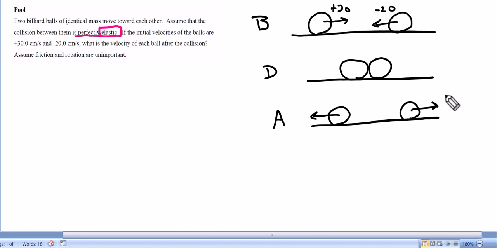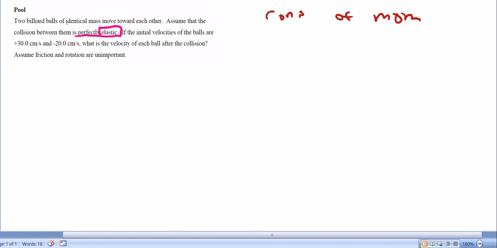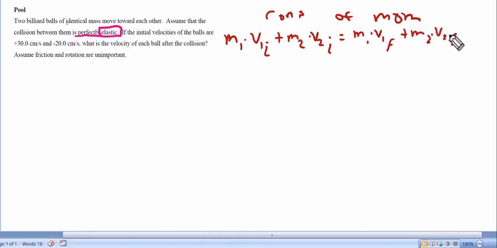Okay, let's go ahead and set up a few things. We'll set up the conservation of momentum. That's going to be M1 V1 initial plus M2 V2 initial is equal to M1 V1 final plus M2 V2 final.